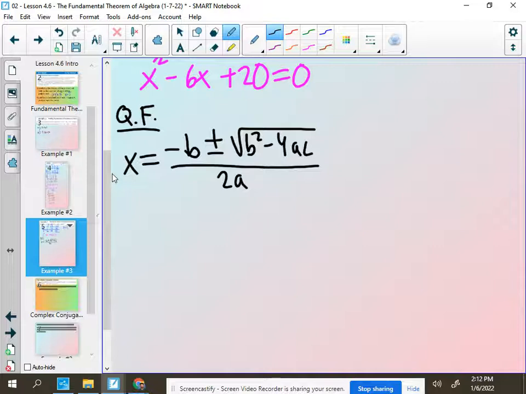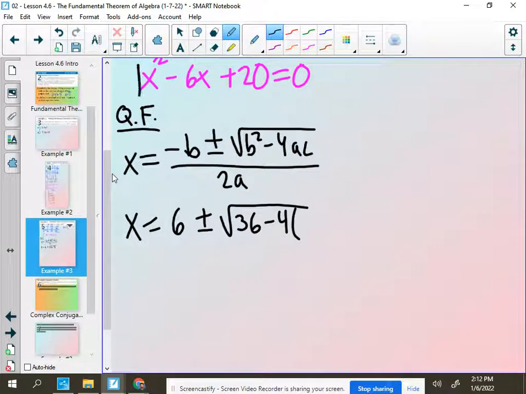Let's get them in there. X equals the opposite of b, which is positive 6, plus or minus the big square root of b squared, so negative 6 squared is positive 36, minus 4 times a, which is 1, times c, which is 20.